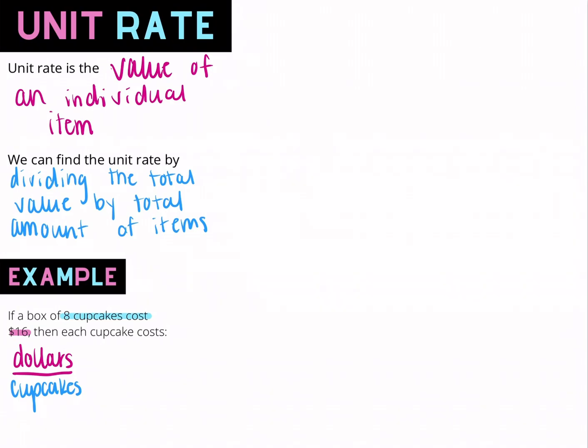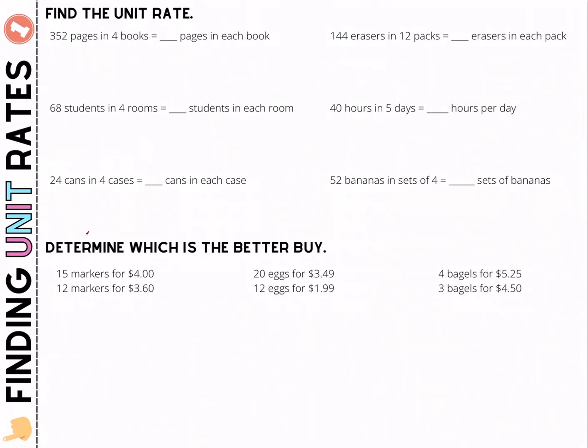So $16 and 8 cupcakes. To get it to 1, we're going to divide, and so that would be $2 per 1 cupcake. Okay, so you're just essentially writing it as a fraction and reducing it to 1. The denominator is 1. So when we find the unit rate, we're just doing division.